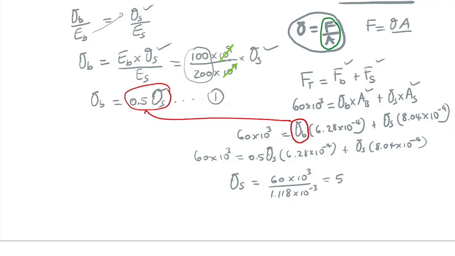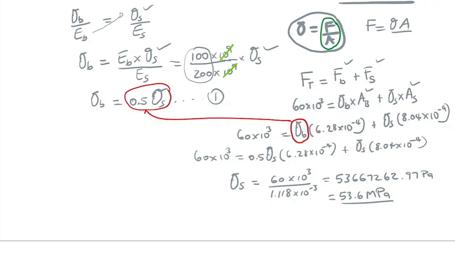It is 53,667,262.97 Pascal. That is the stress for the steel. It is 53.6 megapascal, when you convert it from Pascal.